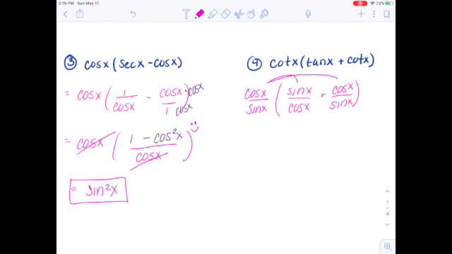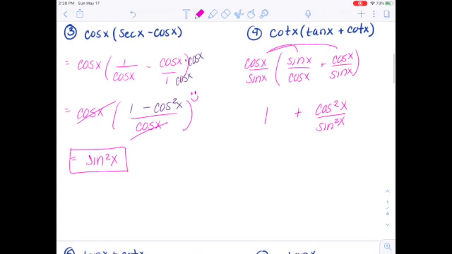The first, distribute cosine of x over sine of x times sine of x over cosine of x, well, that just simplifies to be 1, plus distribute your cosine of x over sine of x, and you get cosine squared of x over sine squared of x.